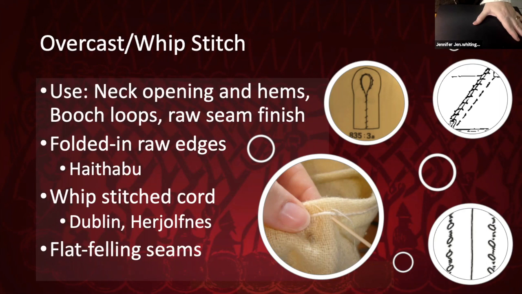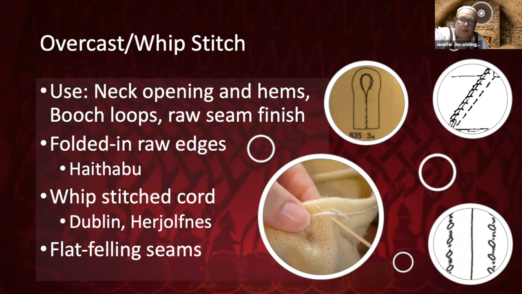So I do use it in areas where I want that little bit of extra support. It does also lessen the amount of fraying that you have. Now with wool, you're not going to have a whole lot of fraying, but if you do a wool piece of yarn against your wool, it's going to felt together a little bit. So it's going to even make that edge stronger and less apt to fray.